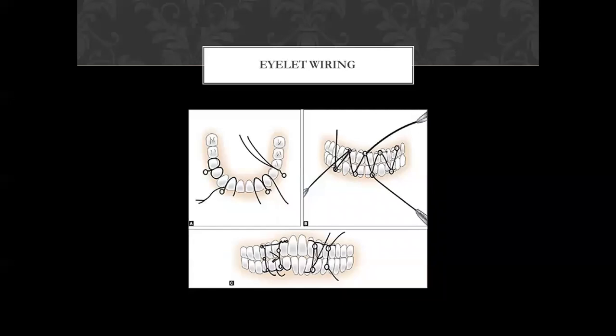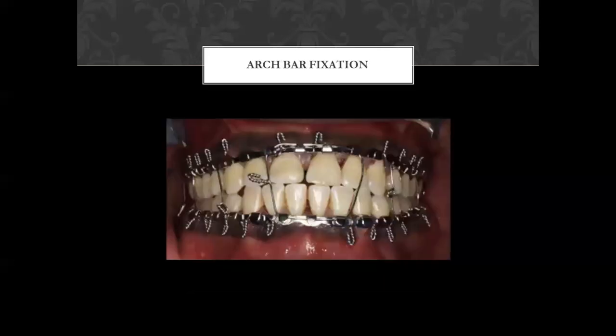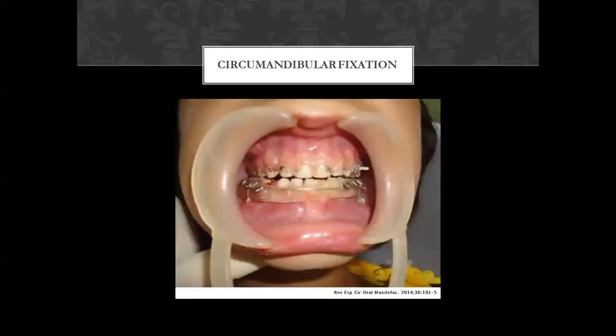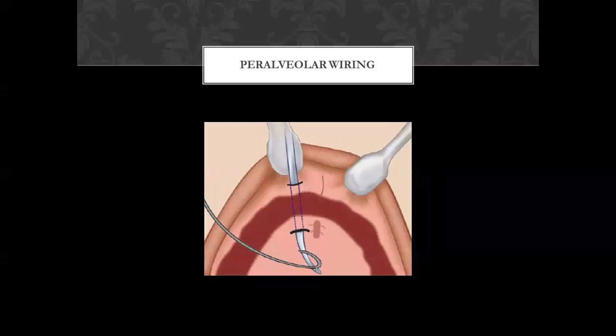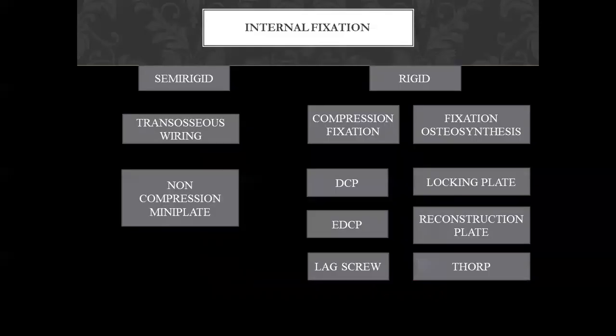Eyelet is one of the most commonly used methods for intermaxillary fixation, and one of the important points is that 2 to 3 eyelet wirings should be placed in each arch. Arch bar is given by Erich, and the length of the arch bar is 30 centimeters. Disadvantage is periodontitis. To avoid this complication, nowadays we are using the hybrid arch bar and the IMF screws. Circummandibular wiring for the fixation of cap splints or the gunning splint. Peralveolar wiring is also used for fixation of maxillary dentures.